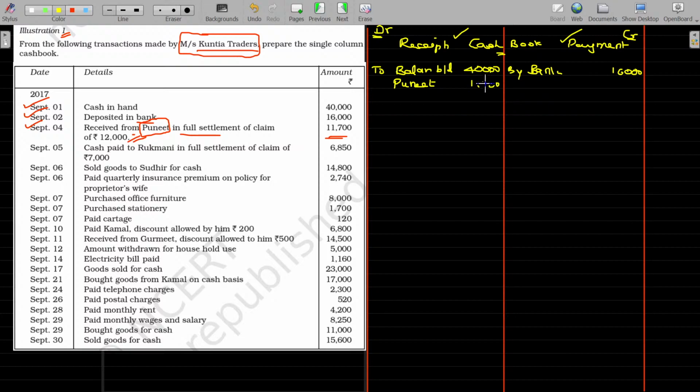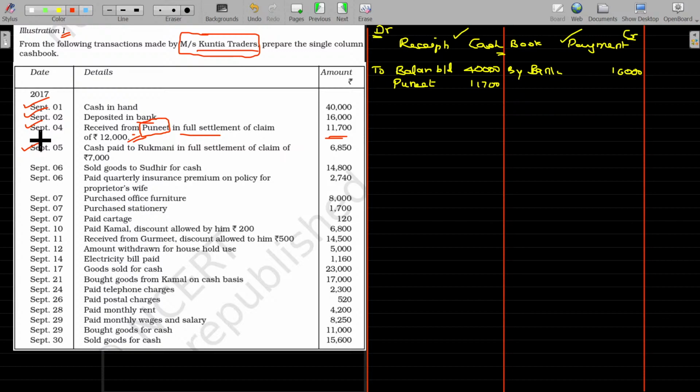Never mind about that 300 rupees discount allowed. That discount allowed is not required to be recorded here, as the cash book is only single column. If it were a double column book, we could have one more column where that difference of 300 rupees, the discount allowed, could have been posted. But here, of course, it's not required.